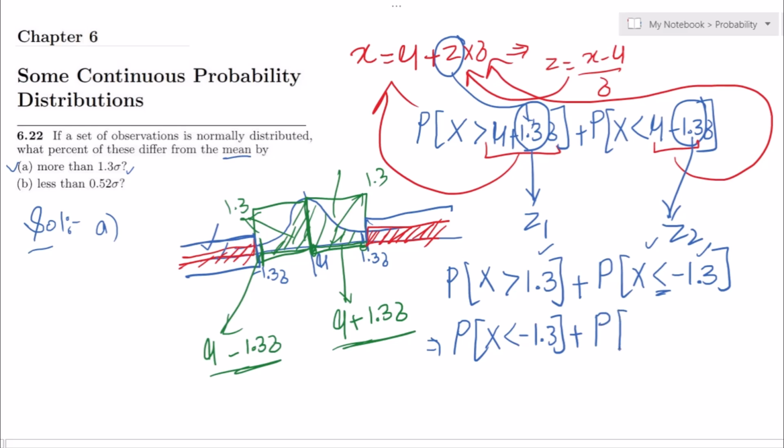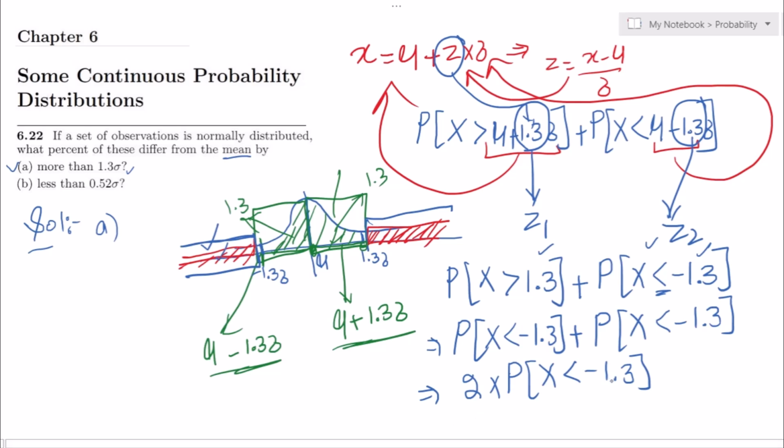So it would be 2 multiplied by the probability that x is less than minus 1.3.